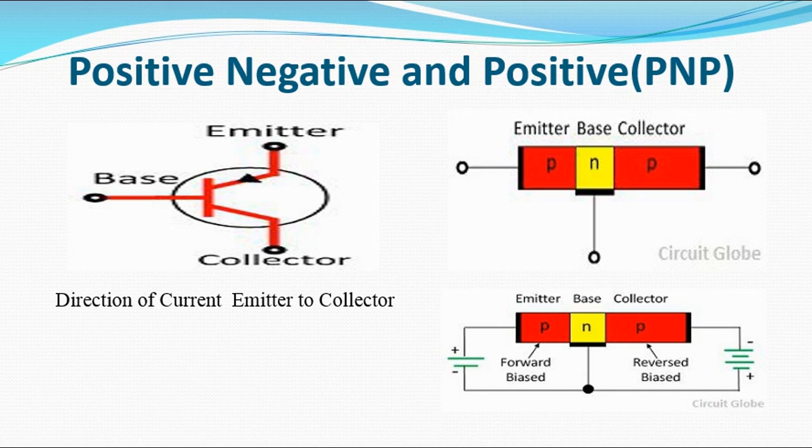we can also define both the NPN and the PNP. An NPN transistor is defined as one in which two n-type layers are separated by one p-type layer, which is called NPN. It simply means that two n-types are separated by one p-type material. That is why it is called negative, positive, negative.